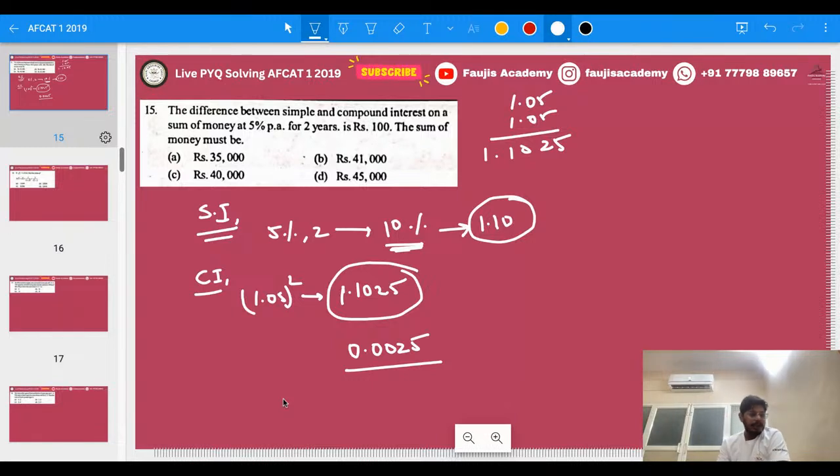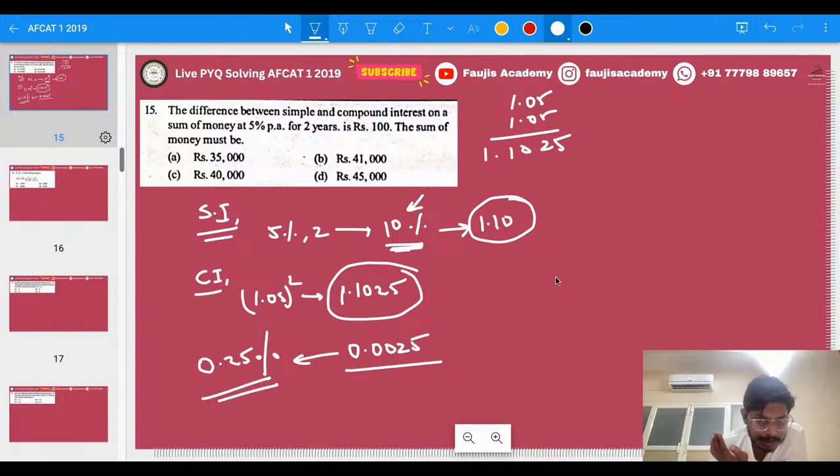0.0025. Okay, this 10%, 0.0025 means also 0.25 percentage, isn't it? When we say 0.1, this is equal to 10 percentage, isn't it? So 0.0025 is equal to 0.25 percentage, right?